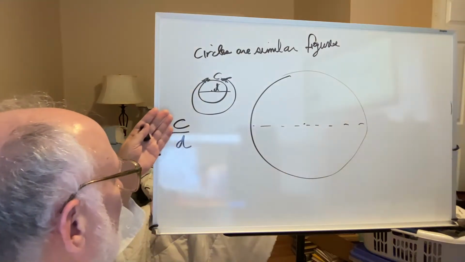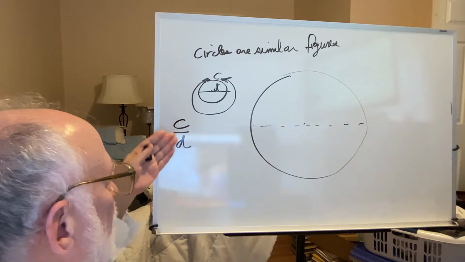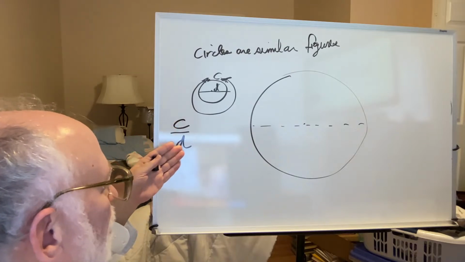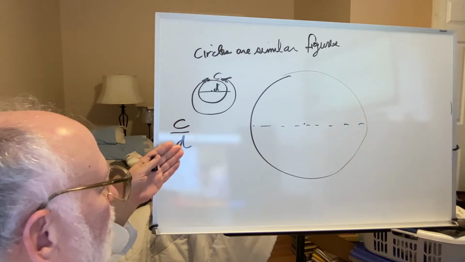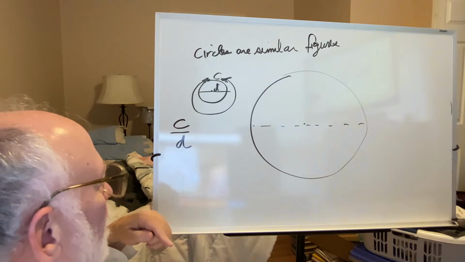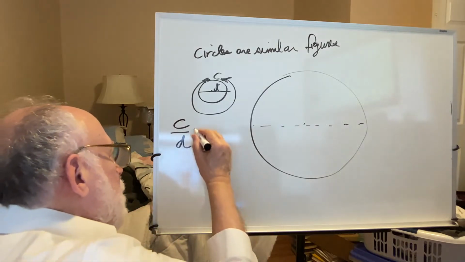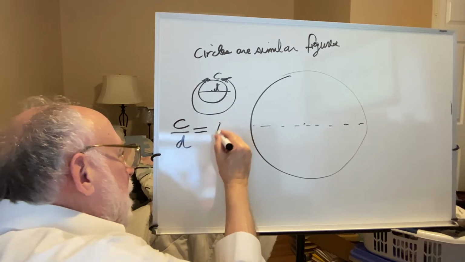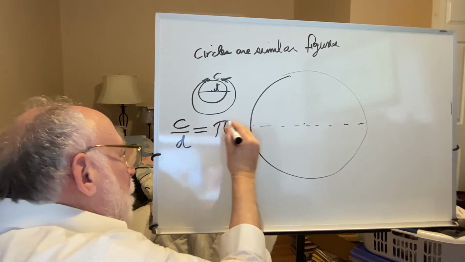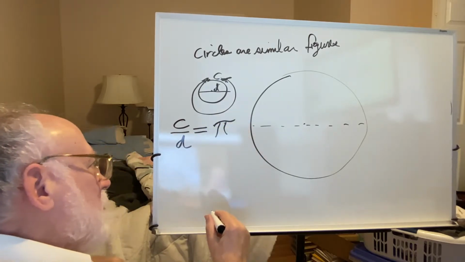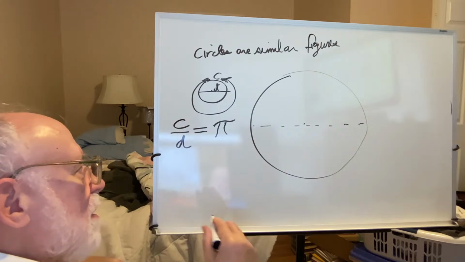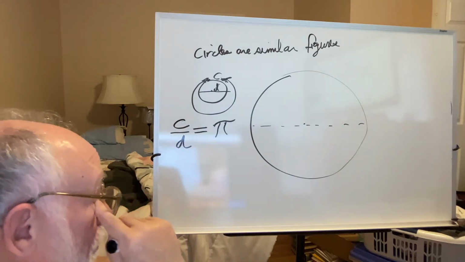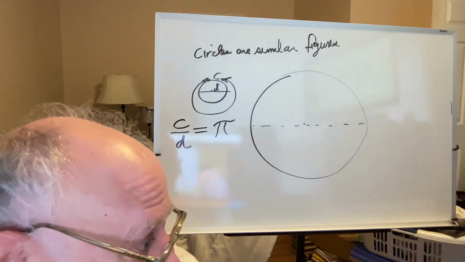In fact, C is about 3 times as long as D. But the actual ratio is, we use this Greek letter, pi. Pi is a constant. The ratio of C over D is a constant.